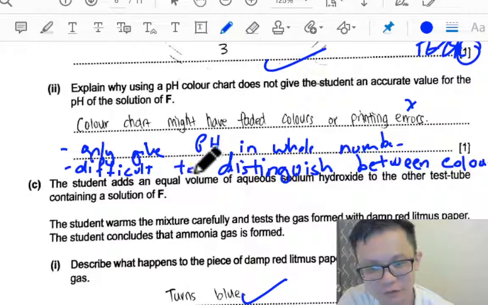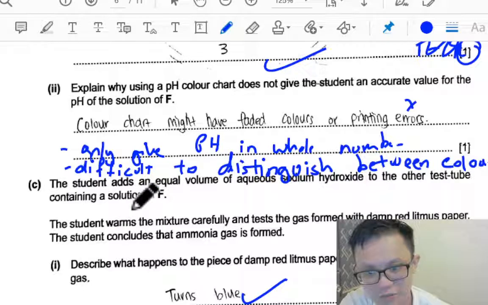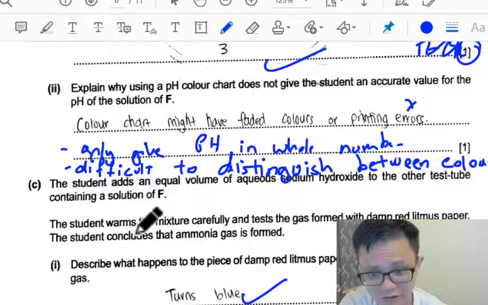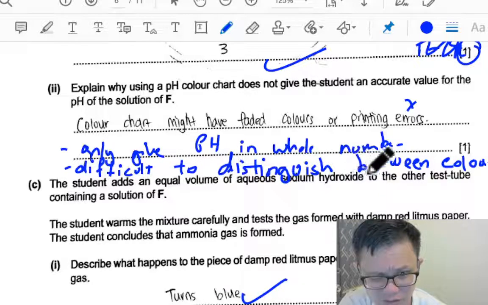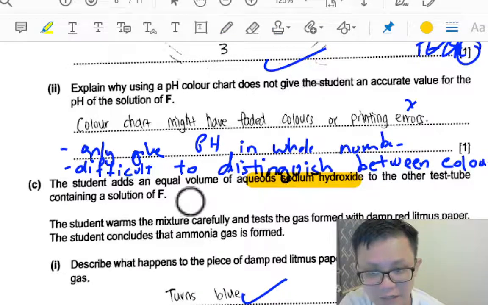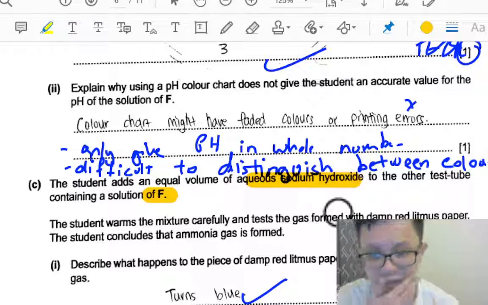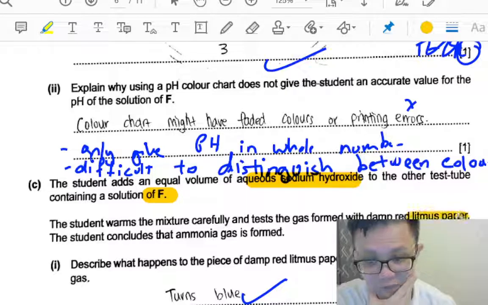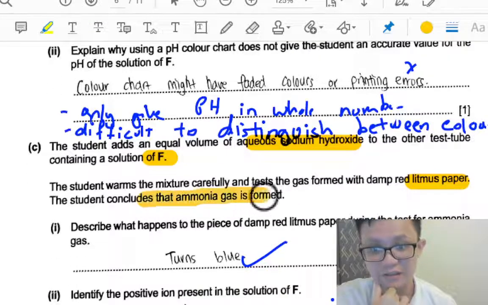C, the student adds a volume of aqueous sodium hydroxide to the test tube containing solution P. The student warms the mixture carefully and tests the gas with damp litmus paper. Wait, I don't know what I'm reading. The student concludes that ammonia gas is formed. Let me read again. Aqueous sodium hydroxide. Okay. So mix aqueous sodium hydroxide with ammonium, and then you test with red litmus paper, and the student concludes that ammonia is being formed.